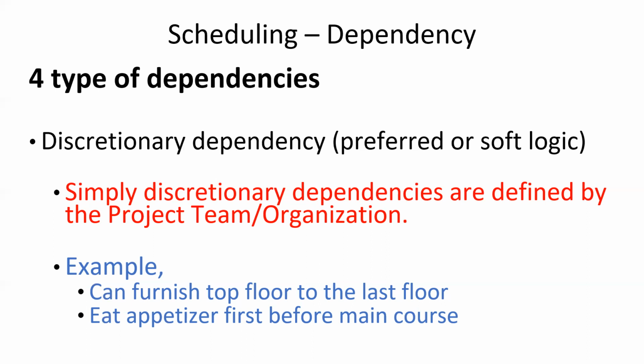So if you furnish the first floor first, there's a chance that you might damage that furnishing at the end. So it's better to do the top floor first, and then the ground floor at the very end. So that's like a soft logic.